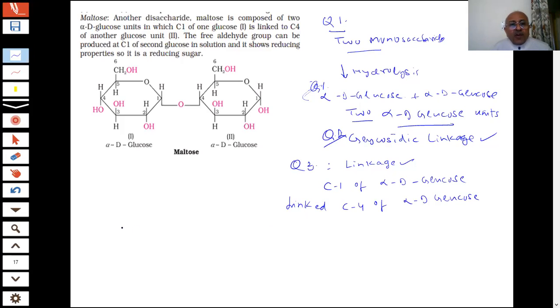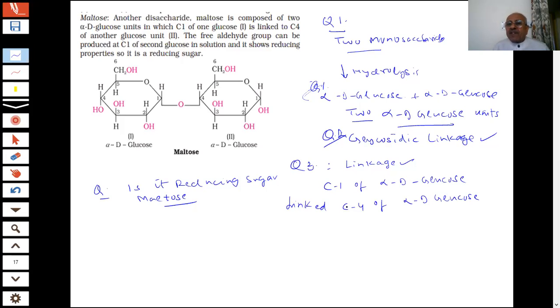Now, question 4 will be again, is it a reducing sugar? Is maltose a reducing sugar, yes or no? Here you see that the linkage is at C1 and C4.